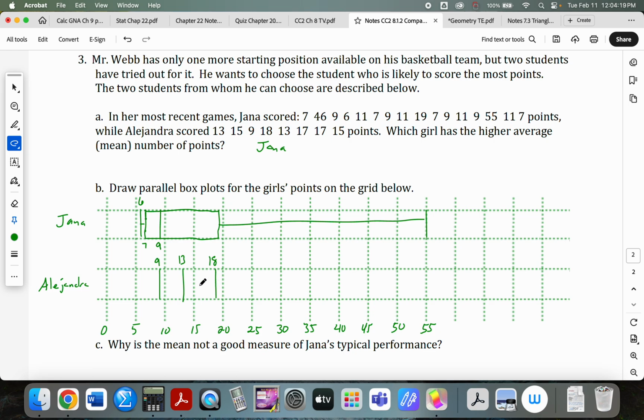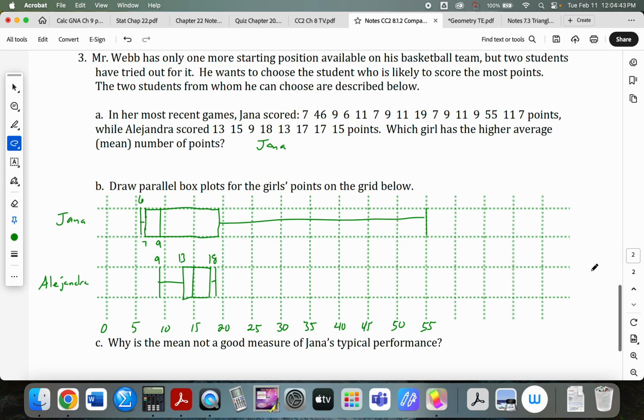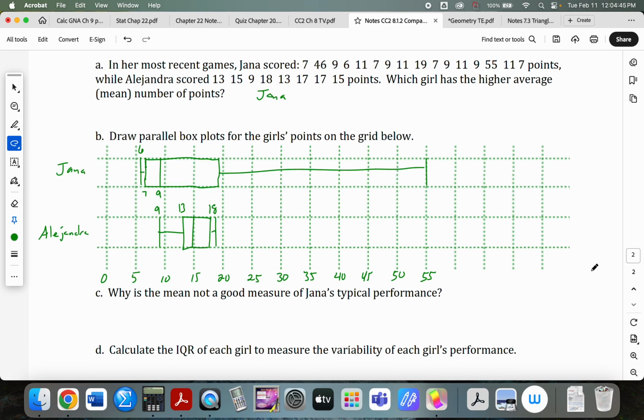And then the median was 15. And quartile 3 was 17. So, it should look something like this.